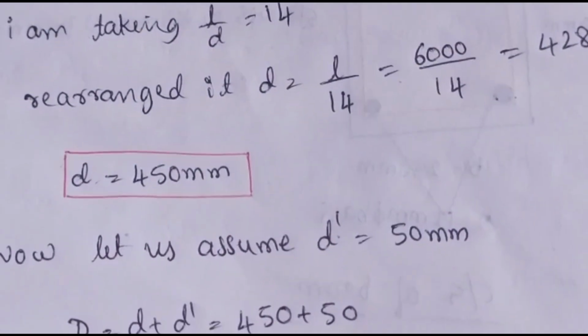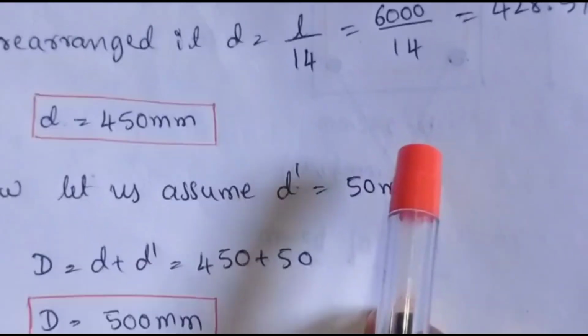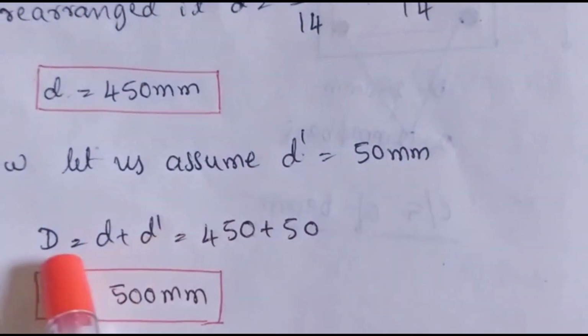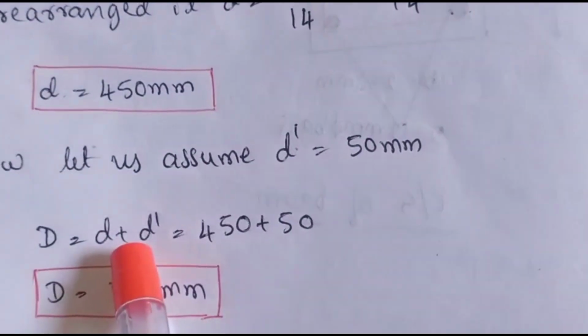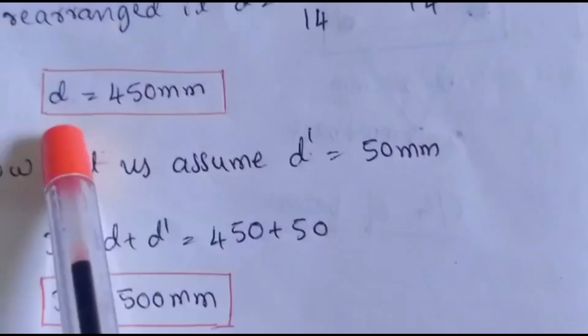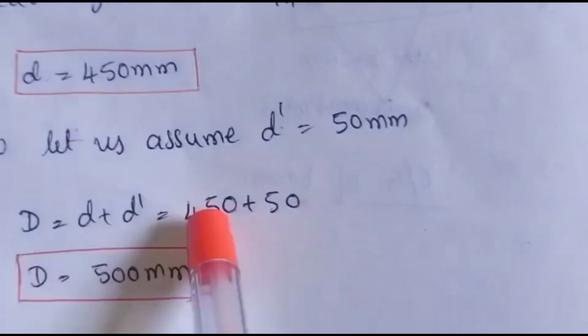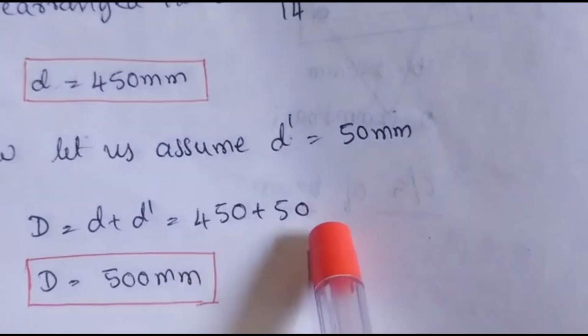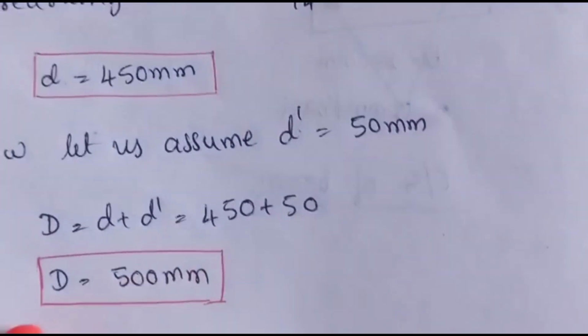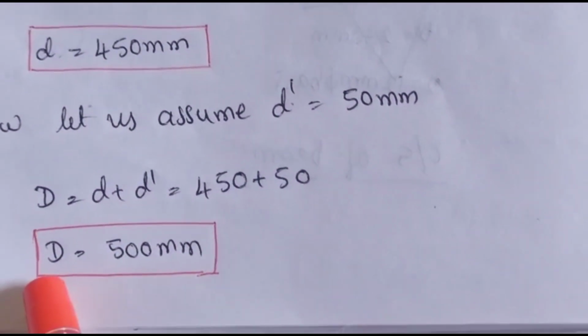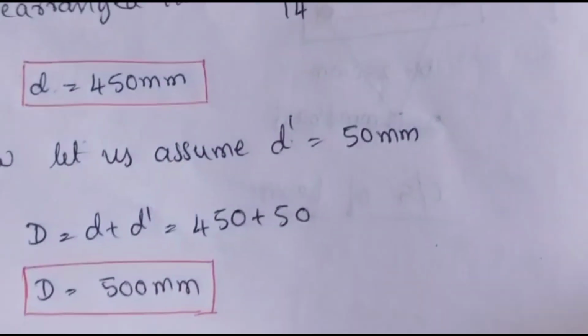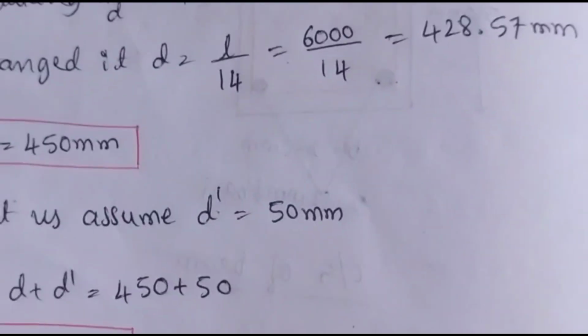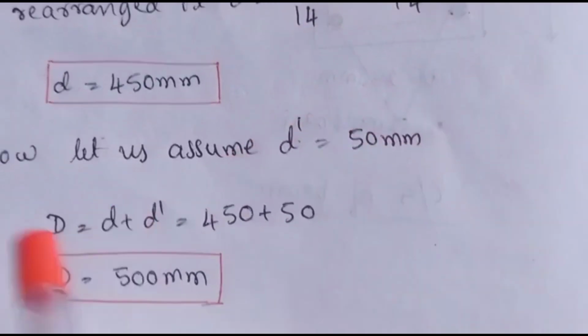So now we can find out the overall depth. Overall depth, capital D, is equal to effective depth plus effective cover. Our effective depth is 450 plus 50. After this, we will get D is equal to 500 mm. So this is how we calculate the overall depth.